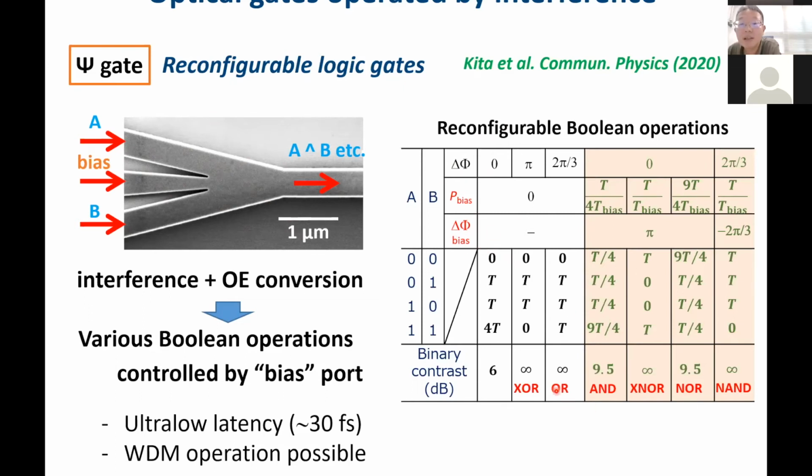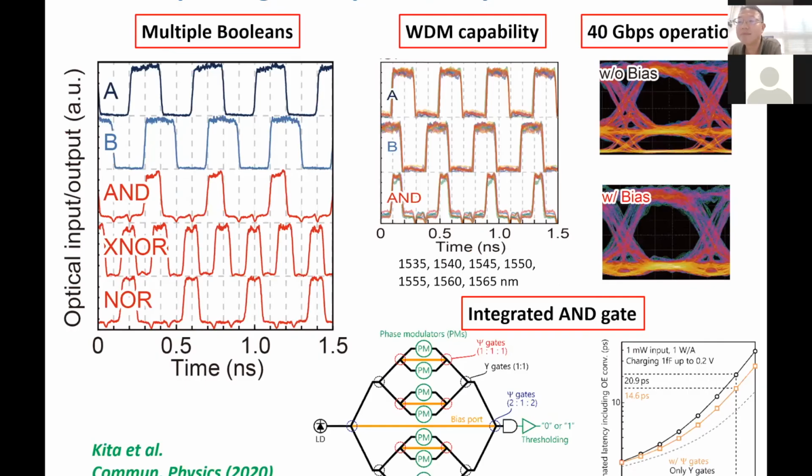So we can use it as XOR or AND and so on with the same device. And this shows the experimental demonstration of multiple Boolean operations, AND, XNOR, and NOR, for the same device.